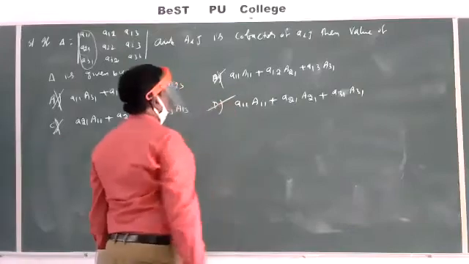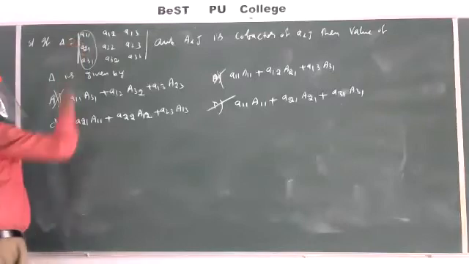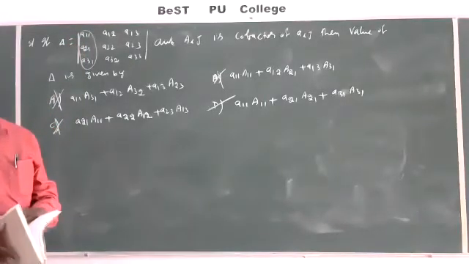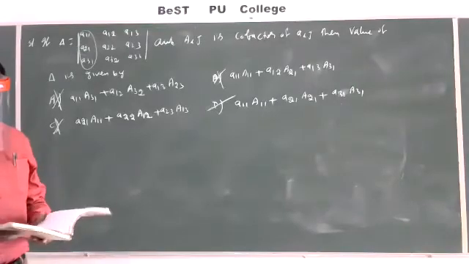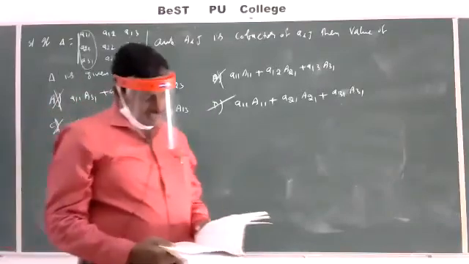Therefore, this value is the determinant of the given matrix. Fourth option. That completes exercise 4.4. Next, see the next concept.